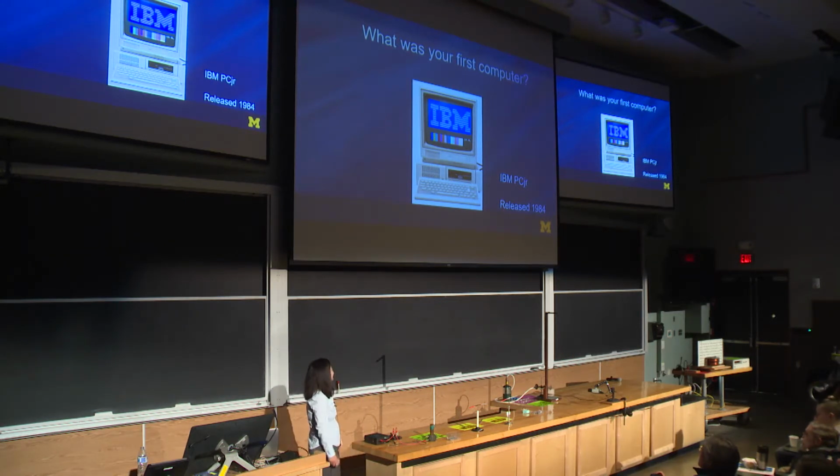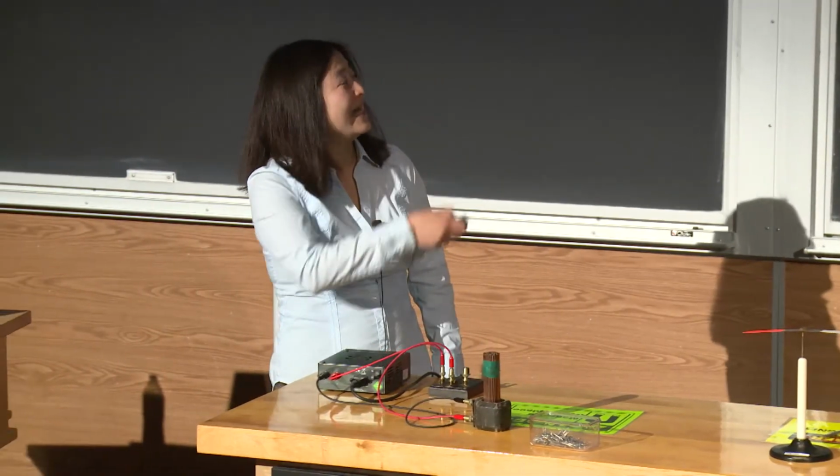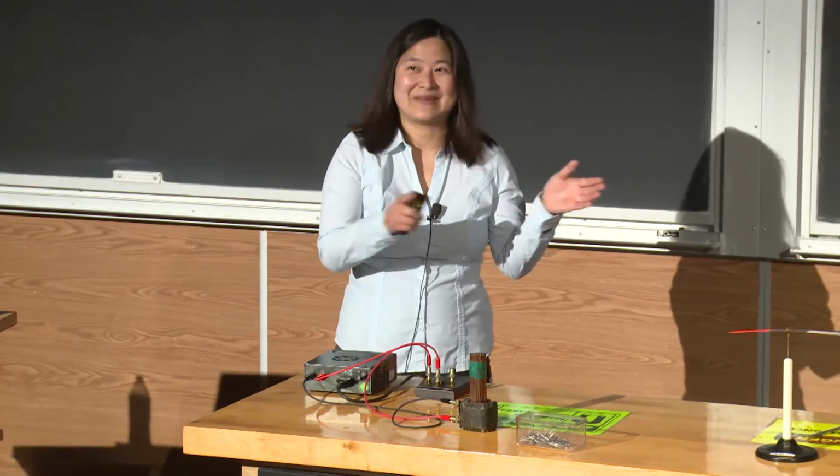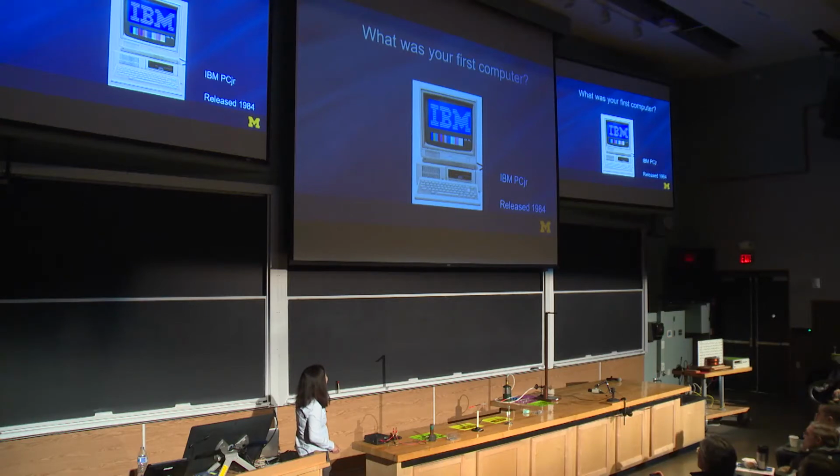It's amazing to think about how far computers have come since then. This computer has a floppy drive, a 5 1/4 inch floppy drive, a keyboard, I think no mouse. So computers have come a really long way.